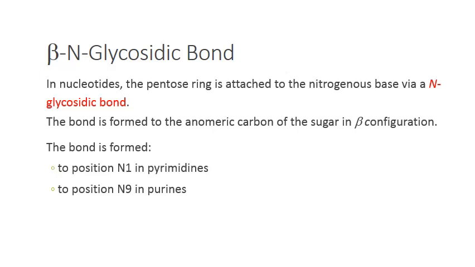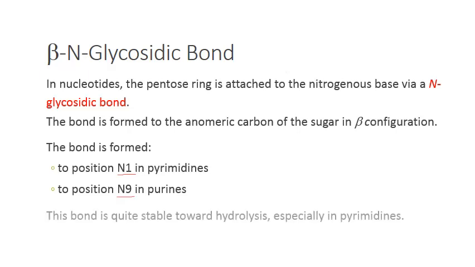And the bond is formed between the N1 on pyrimidines and the N9 of purines. Okay, so that is bonded to the carbon on the sugar. This bond is quite stable, especially in the pyrimidines, so it's very infrequently able to be hydrolyzed.